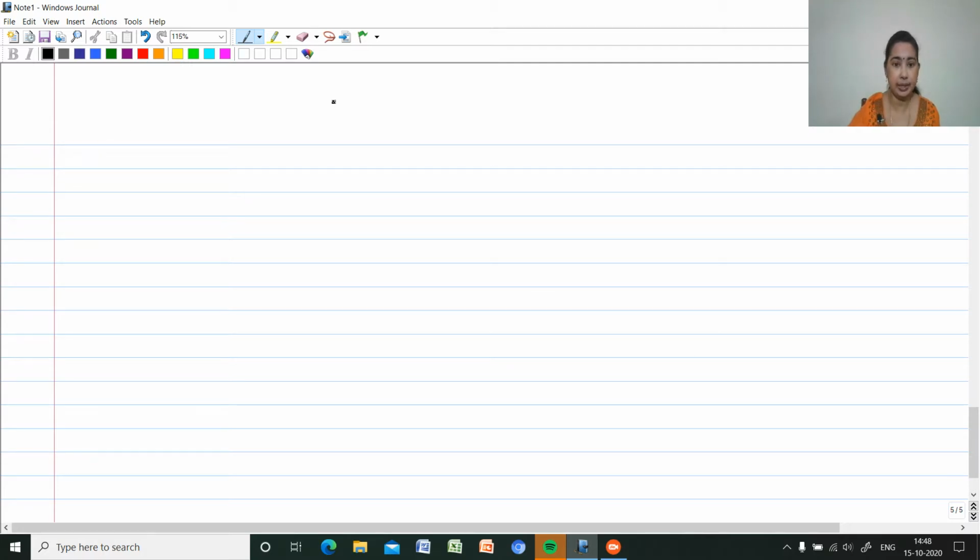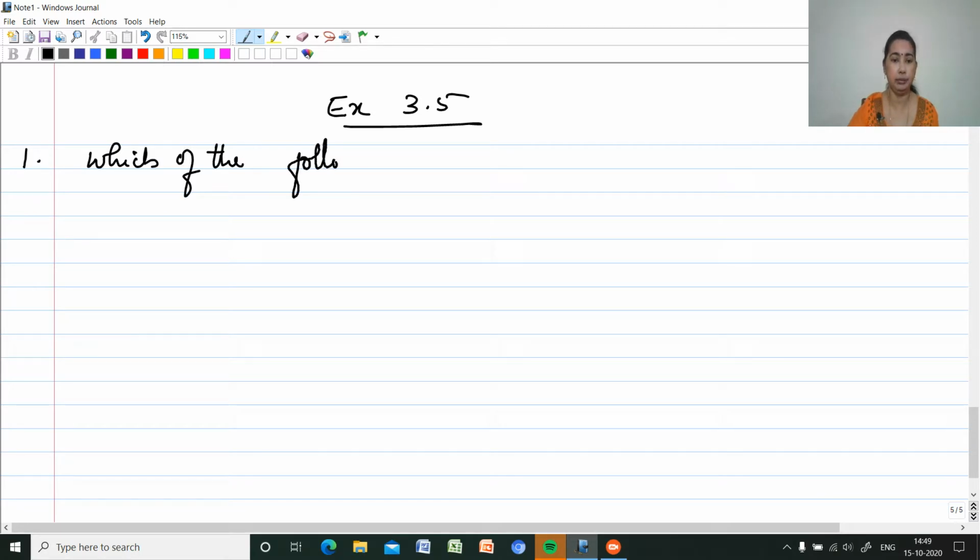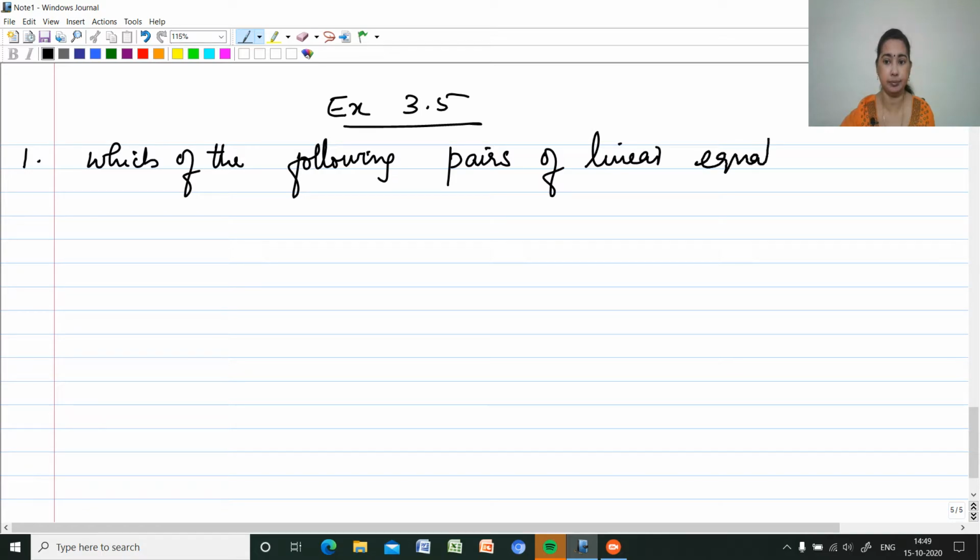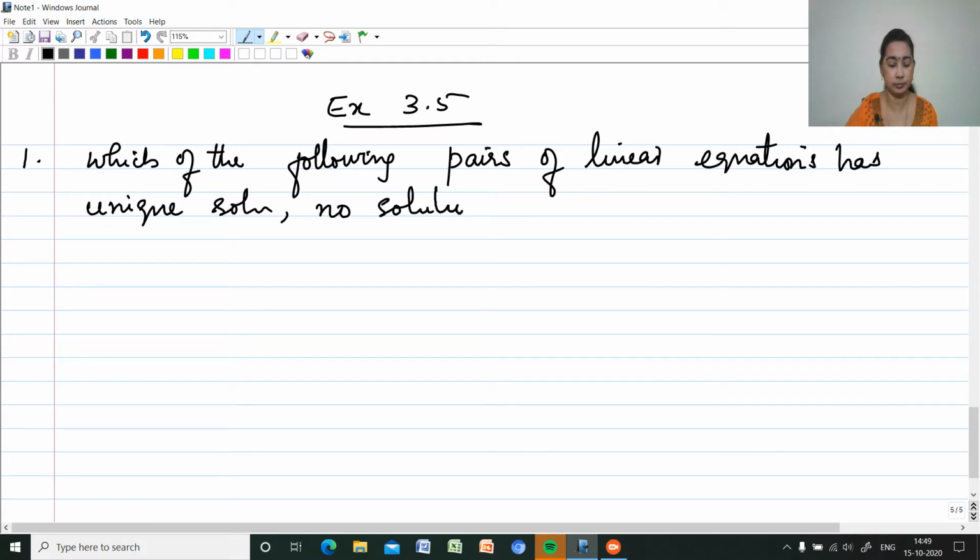Now moving on to the exercise questions. Exercise 3.5. The first question asks: which of the following pairs of linear equations has a unique solution, no solution, or infinitely many solutions?